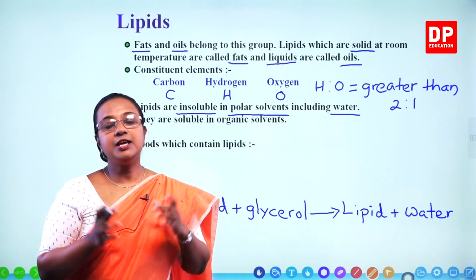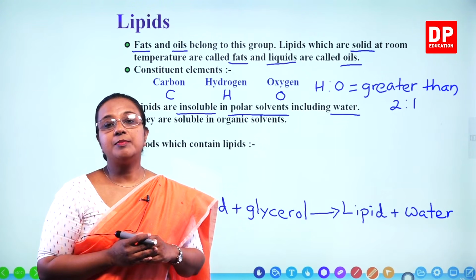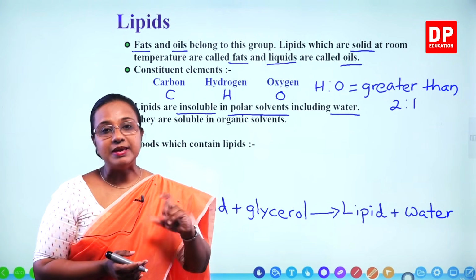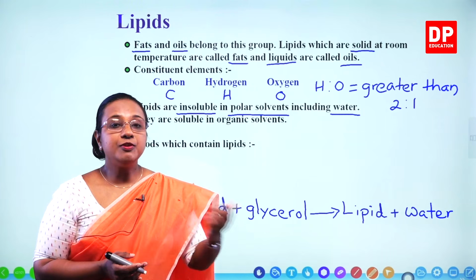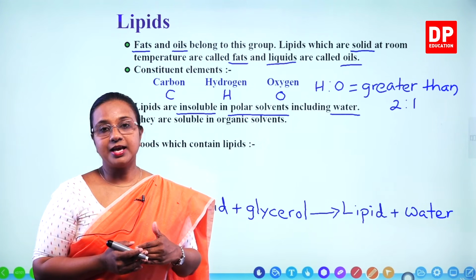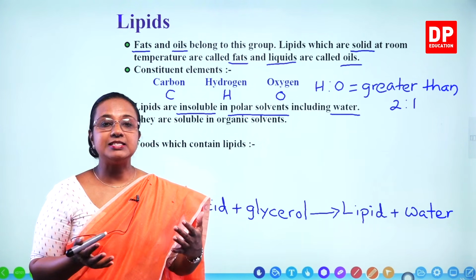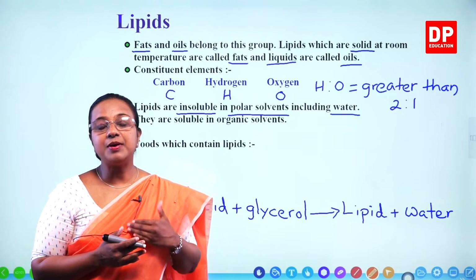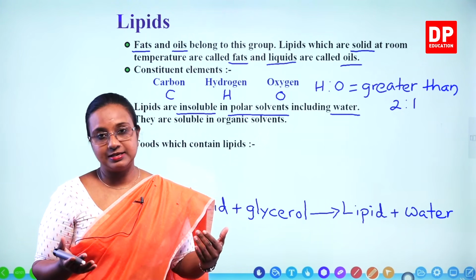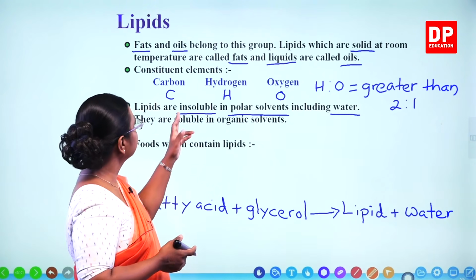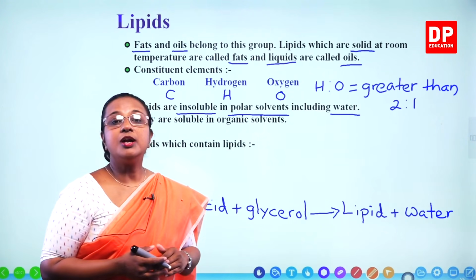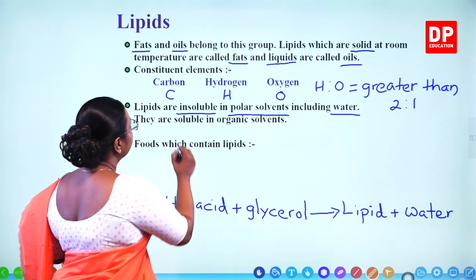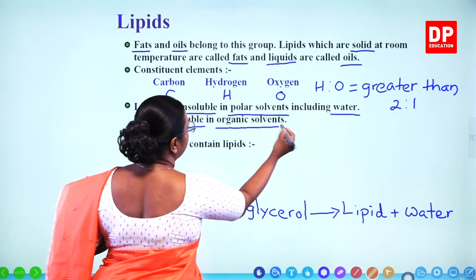You would have seen if you take a small amount of water and oil into a small bottle and mix it thoroughly, if you leave it at a side for some time, you can see that the water and the lipid or the oil separates out into layers. So, that means lipids do not dissolve in water, but they are soluble in organic solvents.